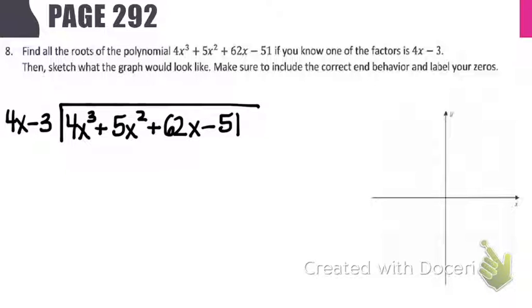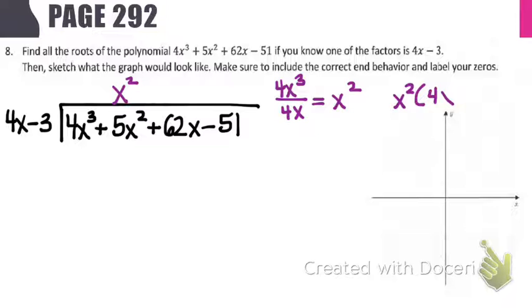So we're going to start by dividing our first terms. And that gives us x squared. Put that on the top. And then you're going to take that x squared and multiply it by 4x minus 3, which is going to give you 4x cubed minus 3x squared.